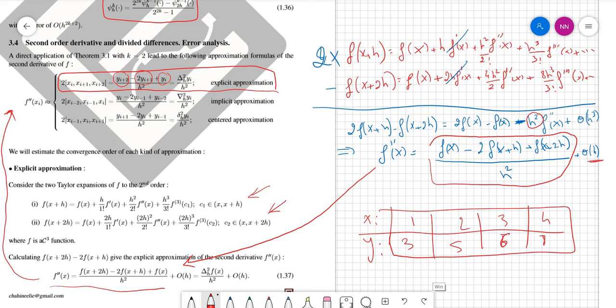So the second derivative at the point 1, the explicit one, will be approximated by the explicit approximation, which will be yi plus 2. If we take h equals to 1 in this case, so we have, this is the first point, this is the yi plus 1, yani f of x plus h, and this is the f of x plus 2h.